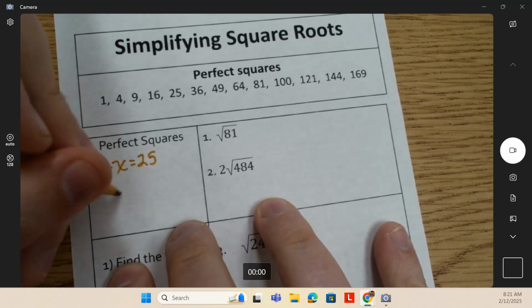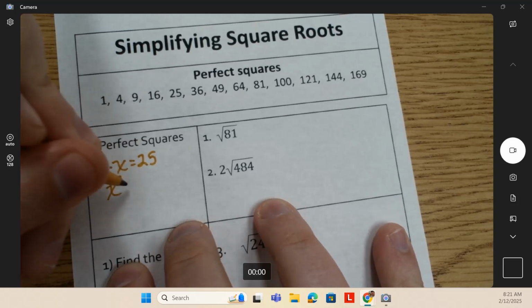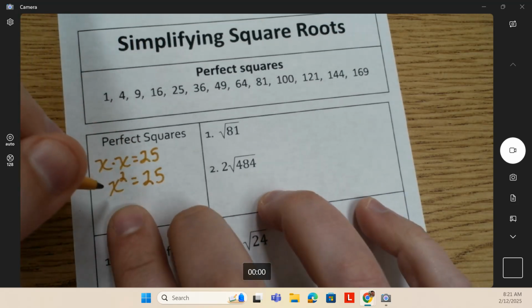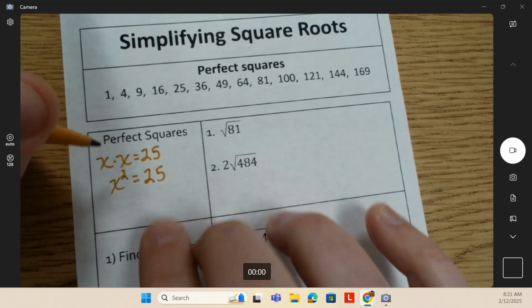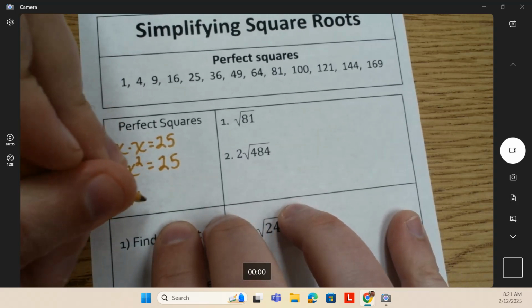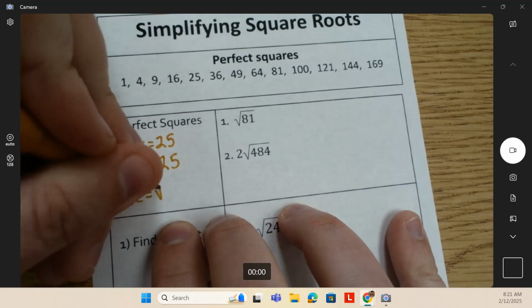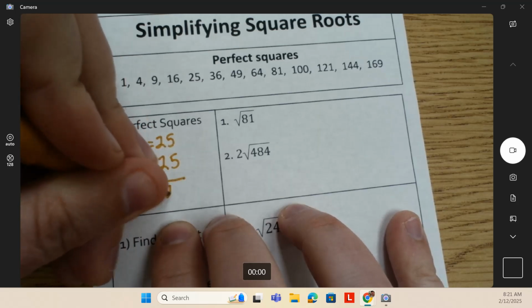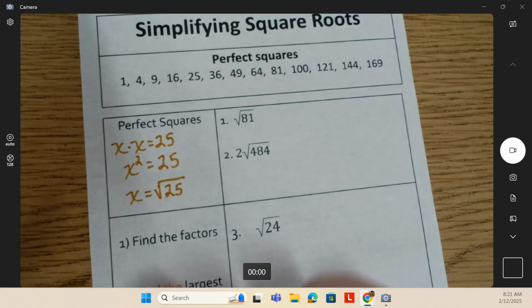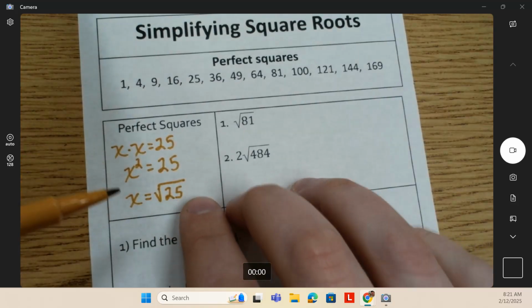That's the same thing as saying x squared equals 25. And so saying what number could I square to equal 25? Or the way we're looking at it today, x equals the square root of 25. So all of these say exactly the same thing.